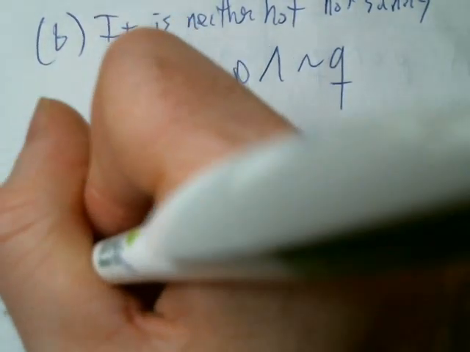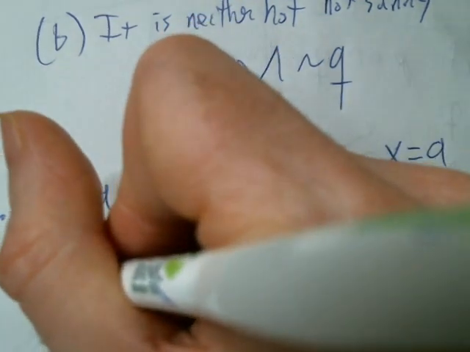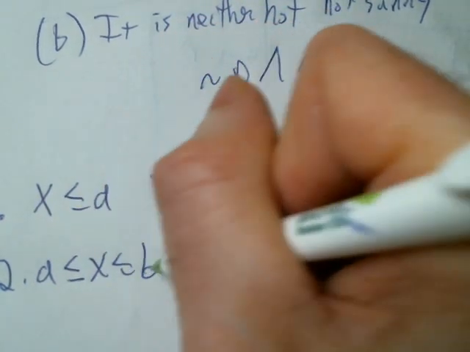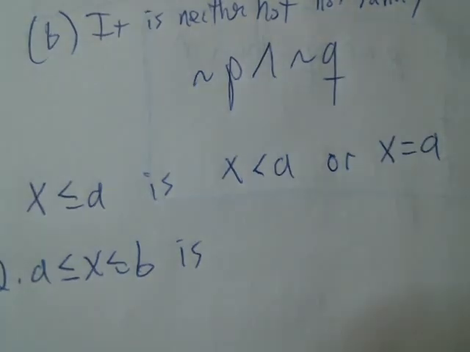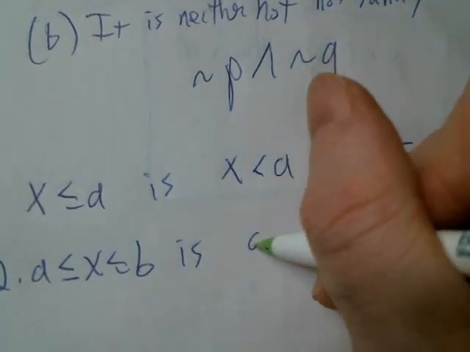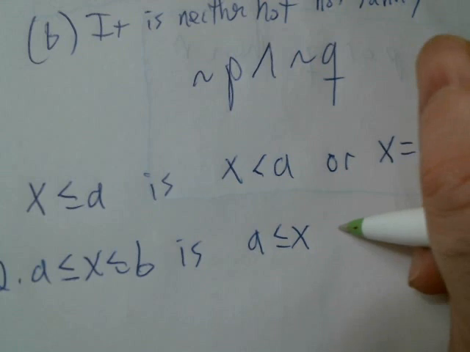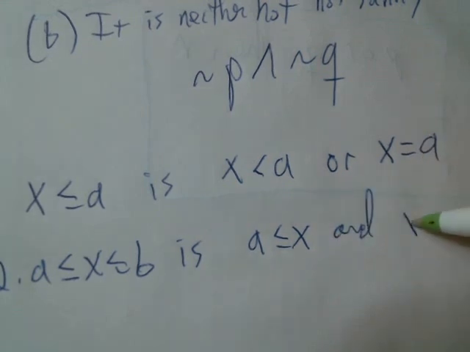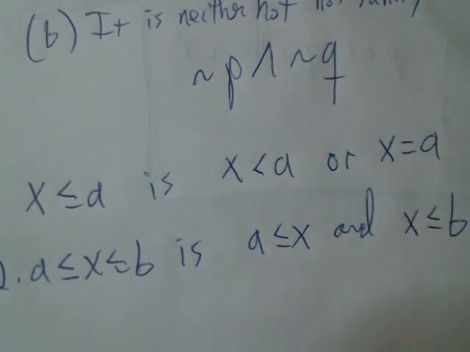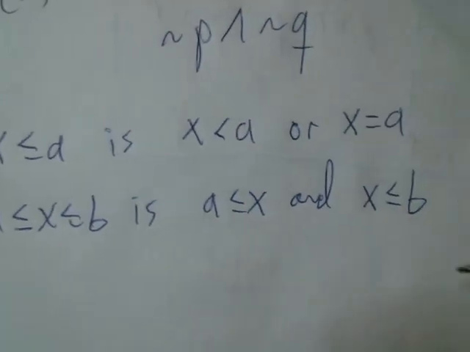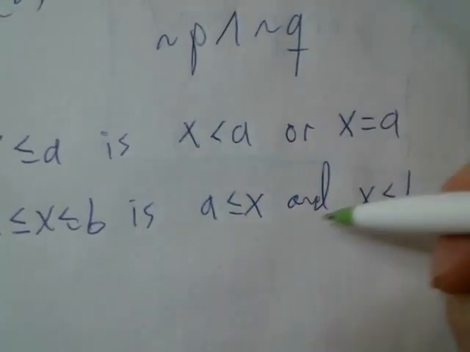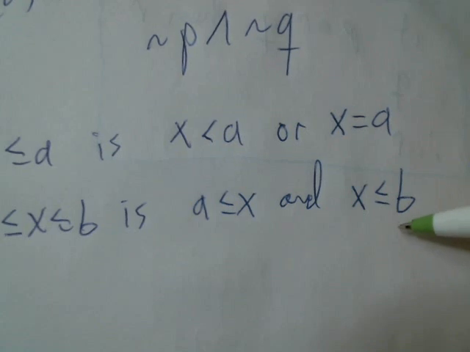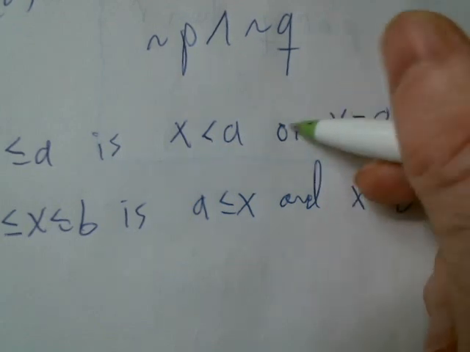Then secondly, this statement, a less than or equal to x less than or equal to b, you can rewrite firstly as a less than or equal to x and x less than or equal to b. But then you could even go further if you want to split that up more and say that these are themselves compound statements with ors, right?